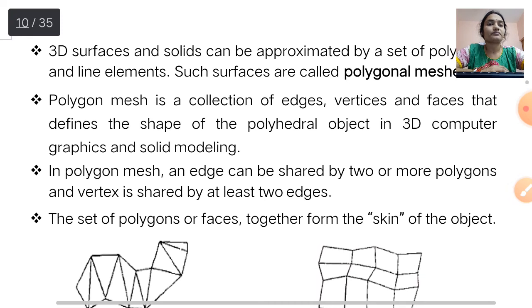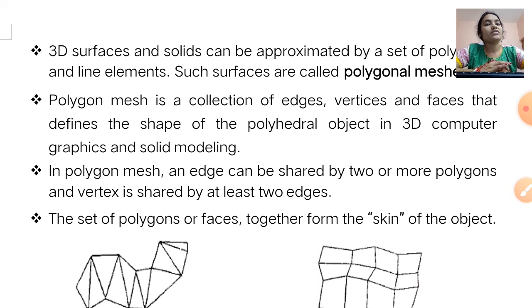In a polygon mesh, edges are there, vertices are there, and faces are there. In a polygon mesh, an edge can be shared by two or more polygons, and a vertex is shared by at least two edges. That means one vertex is shared by at least two edges, and an edge can be shared by two or more polygons.